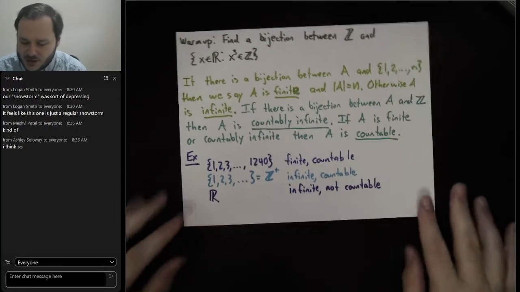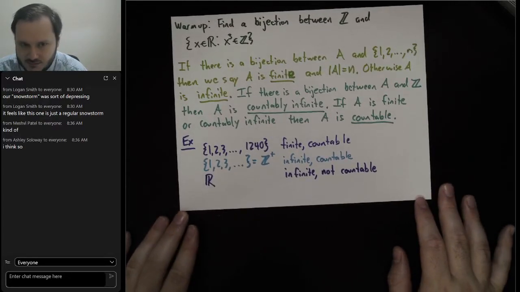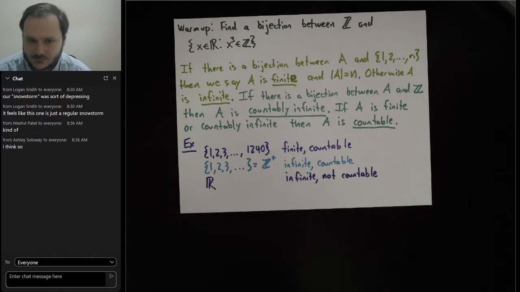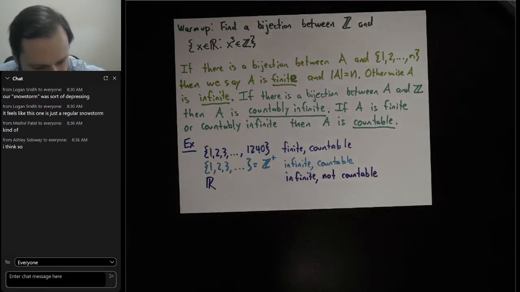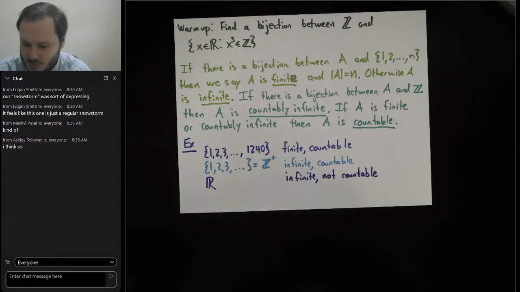Anybody have a bijection between those two sets? Let's call this set A, just to give it a name.